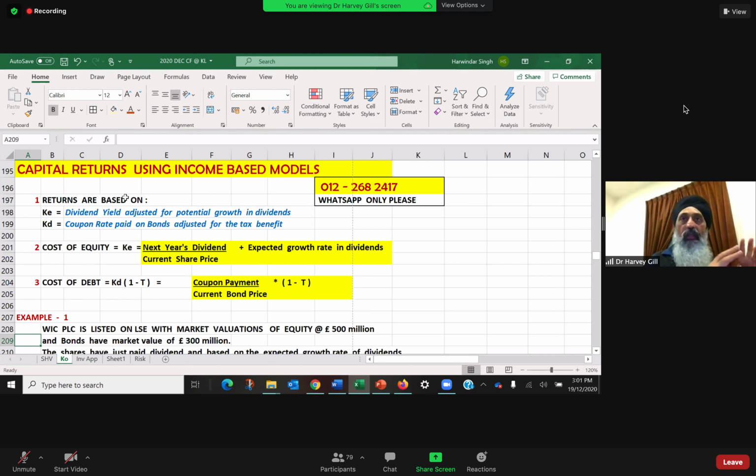Just now we saw KE calculated on the basis of market risk. Now we are going to see KE based on a growth adjusted dividend yield. Dividend yield is something we already do, isn't it? It's dividend over share price. But if you make it a growth adjusted dividend yield, then it becomes a KE.